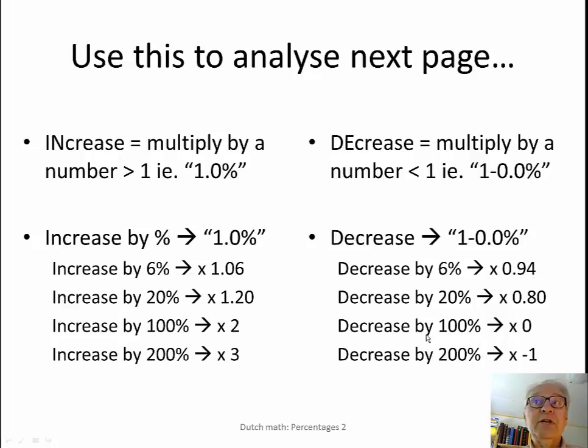Of course, a decrease by 100% is an annihilation, then you do not get anything, so it's the same as multiplying by 0. And a decrease by 200% is the same as a multiplication by -1.